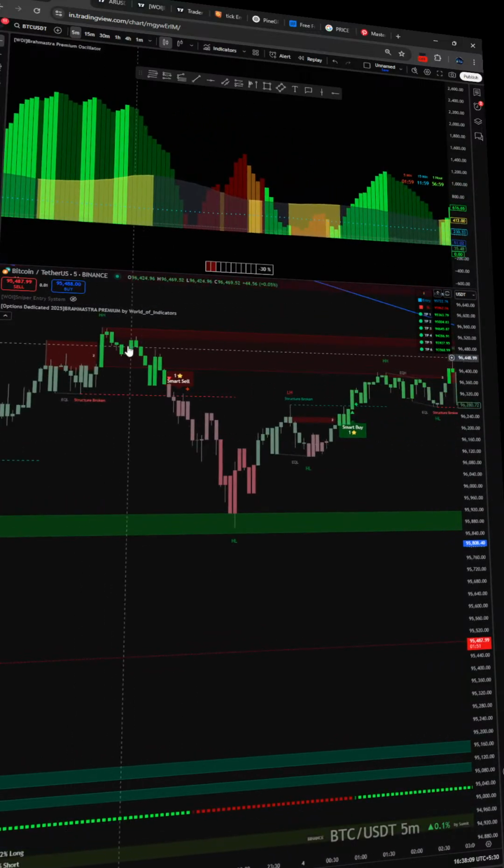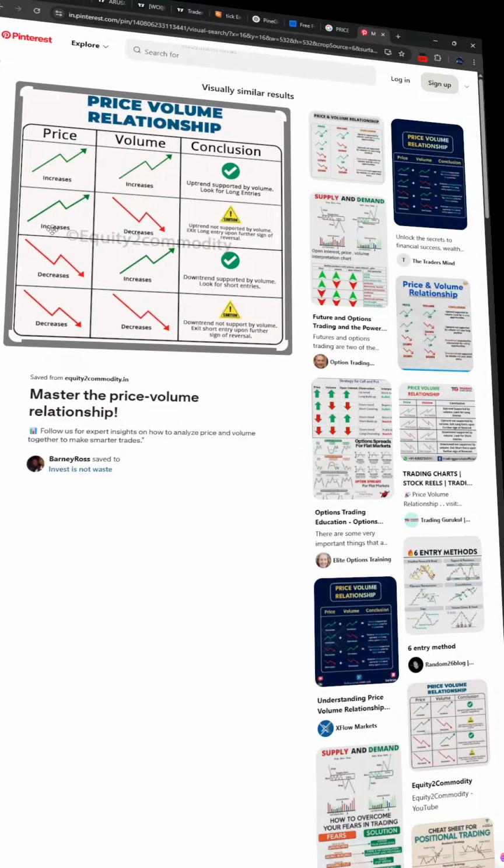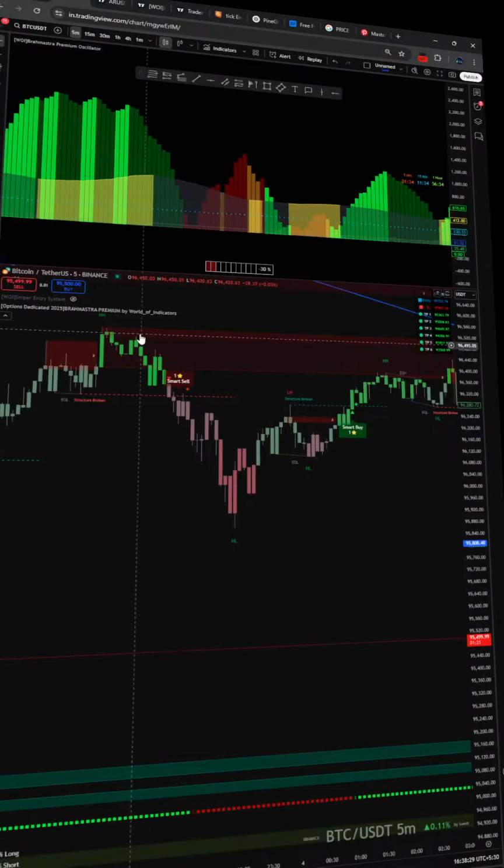Okay, so here you can see in this downtrend, if price is decreasing, volume is increasing, downtrend supported by volume, look for short entry. If price is decreasing, volume is increasing, look for downtrend.